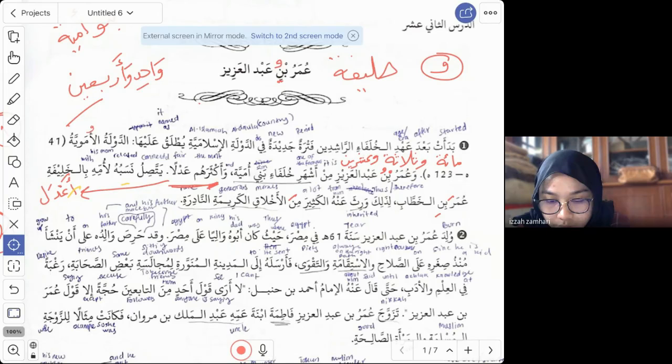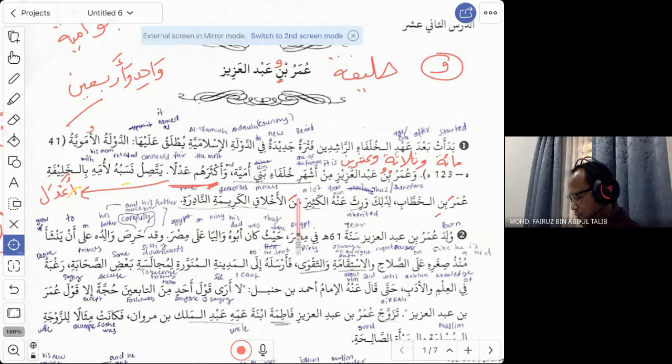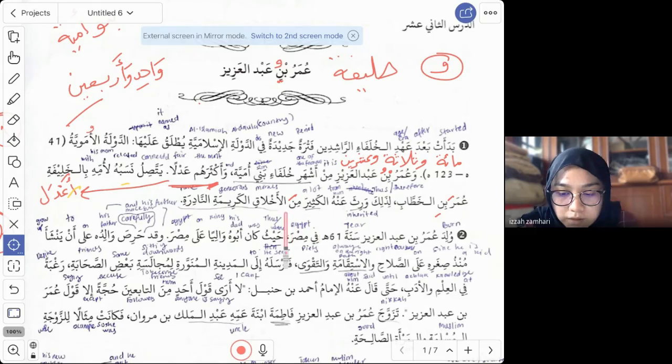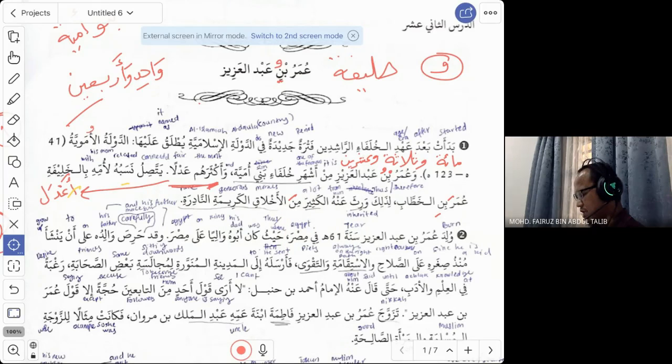Therefore, Umar inherited a lot of his morals and generosity. So he inherited from whom? From Umar bin Al-Khattab. Yes, correct. Warisa, he inherited.